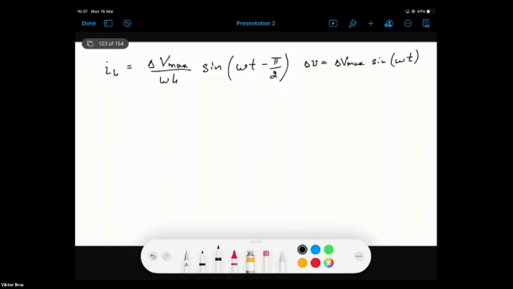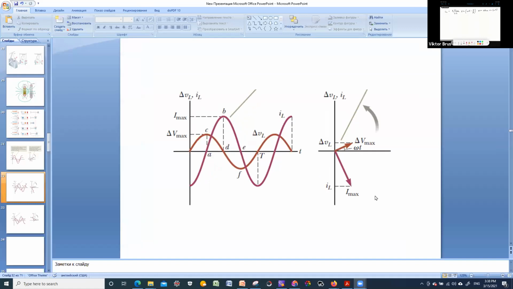In order to show it graphically, let me share the screen again. So we have again voltage and current in an inductor. We see that voltage reaches its maximum value 1/4 of a period sooner than current reaches its maximum value. And the same with these phasors.